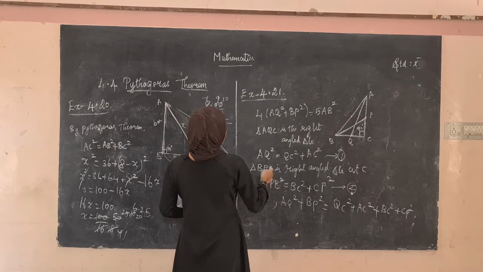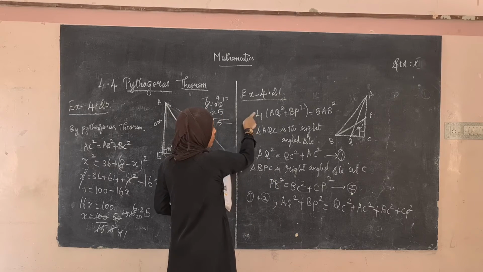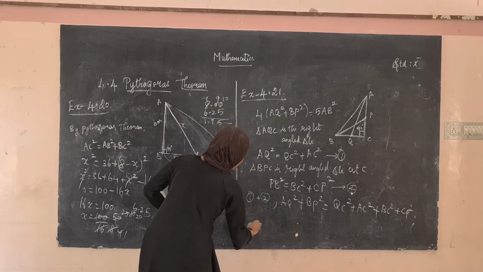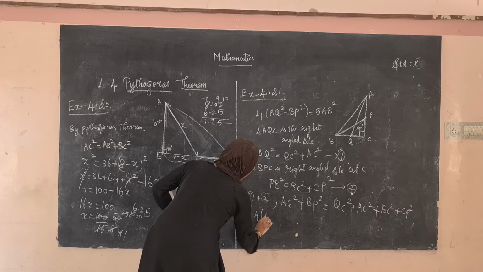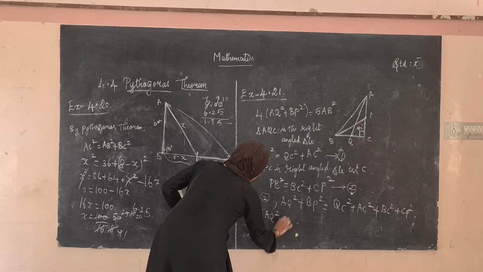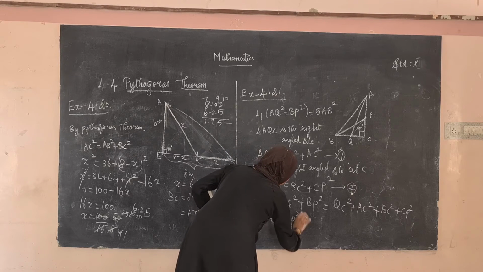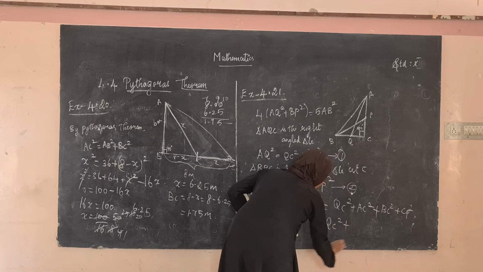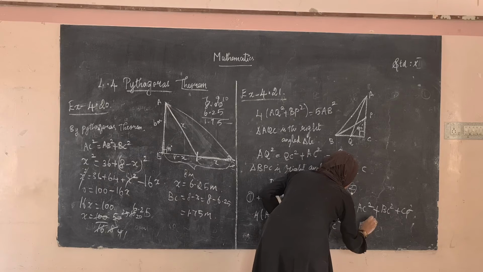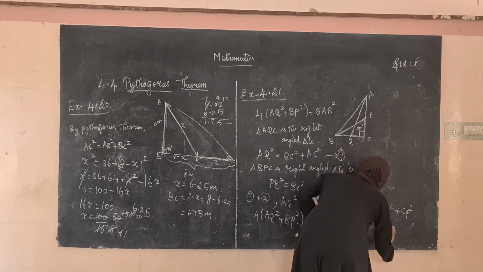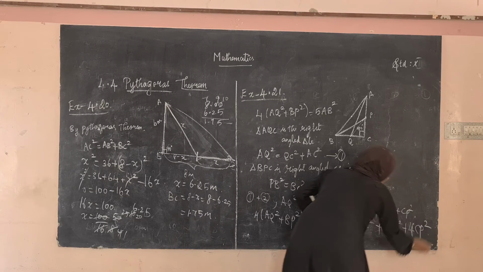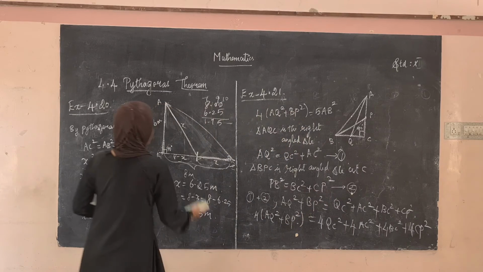Now in the question they have asked us to do 4 into this is equal to 5 into this. So multiplying 4 on both sides, 4 into (AQ squared plus BP squared) is equal to 4 QC squared plus 4 AC squared plus 4 BC squared plus 4 CP squared. Okay.